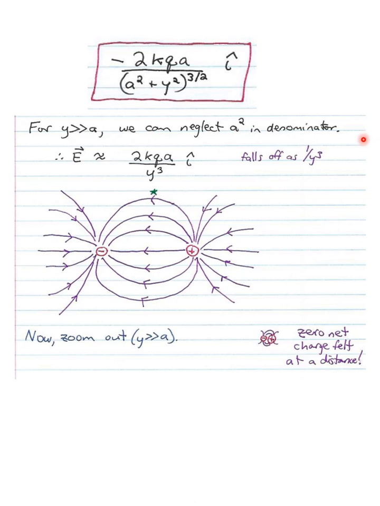Well, if y is much greater than a, then in the denominator we can neglect a squared, turning the denominator into y squared to the 3/2 power, which becomes y cubed. So the electric field is roughly 2kqa over y cubed i hat. You'll notice it falls off as 1 over y cubed, so it falls off rapidly.